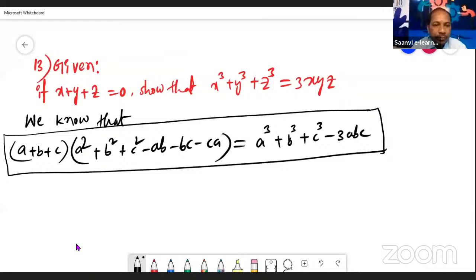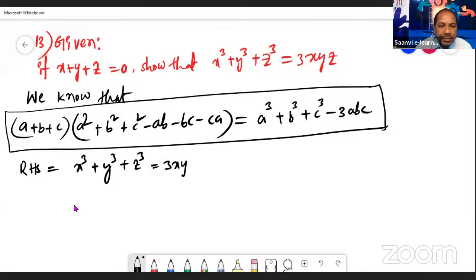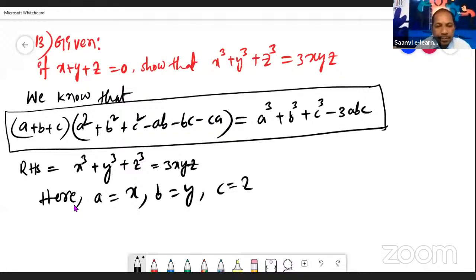Now take the RHS here. RHS is given: x cube plus y cube plus z cube is equal to 3xyz. So what are the a, b, c values here? a value is x, b value is y, and c value is z.